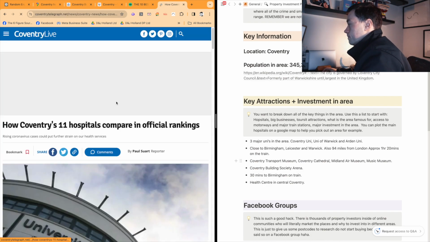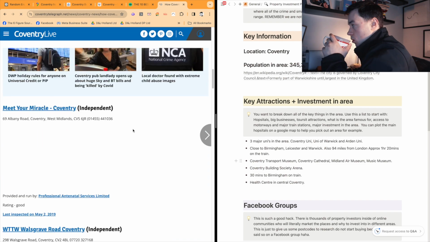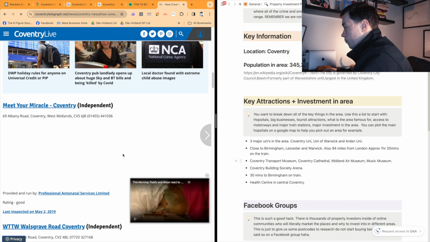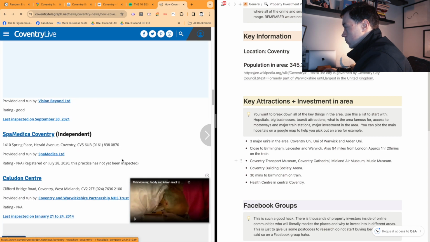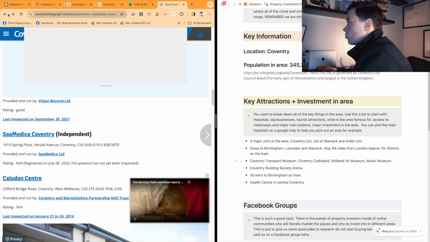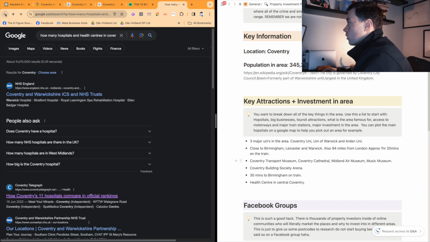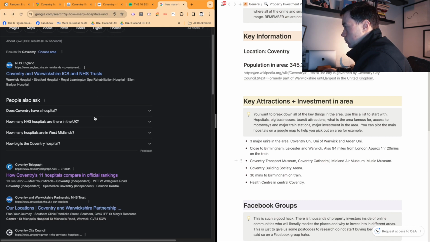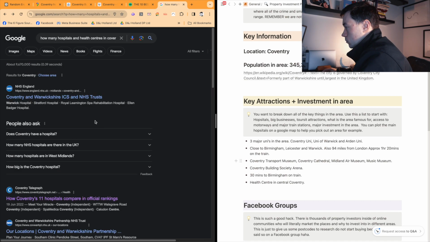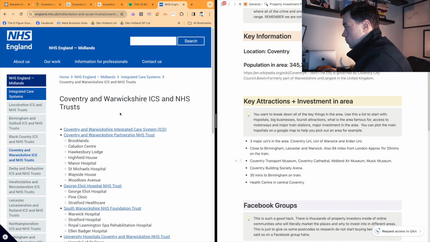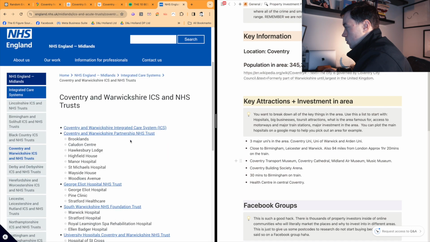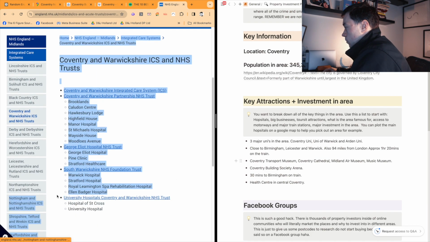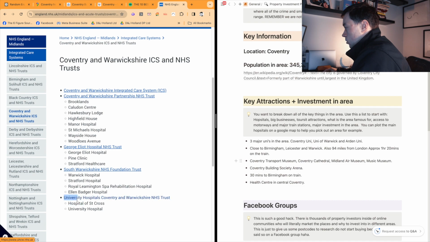So we want NHS ones really, because they're the big employers. Okay, so this is the one we found, University Hospitals, Coventry and Warwickshire.